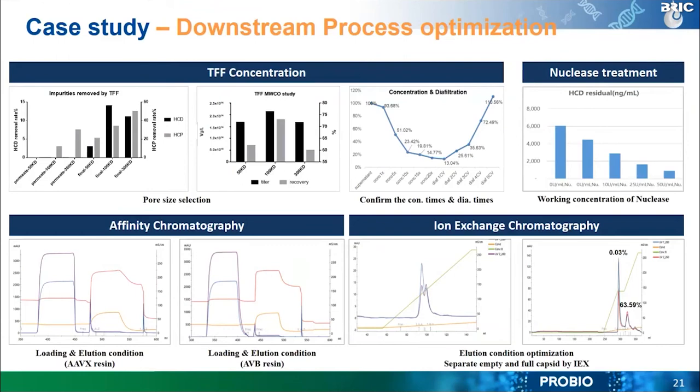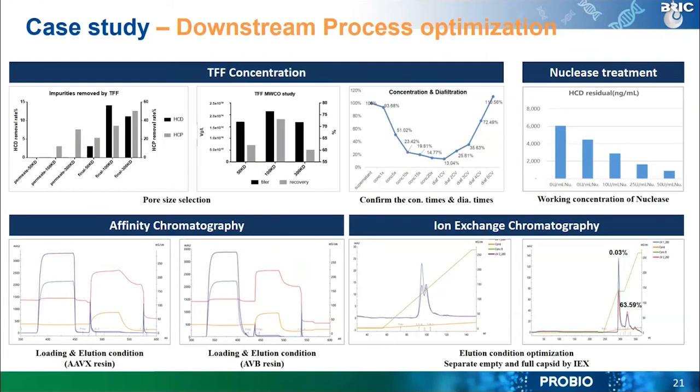We have determined the optimal reaction conditions for nuclease treatment. We also compared different affinity chromatography resin and chose one of them based on the recovery and the impurity removal rate.